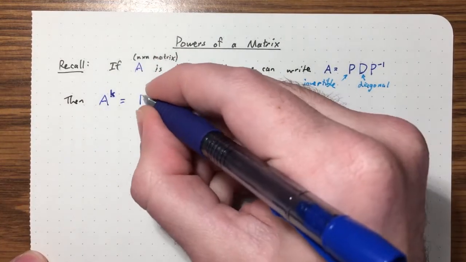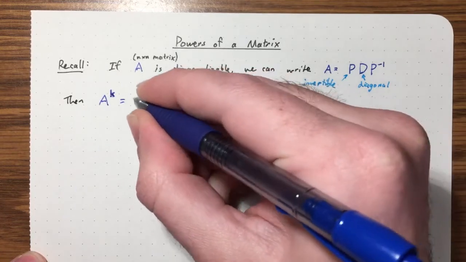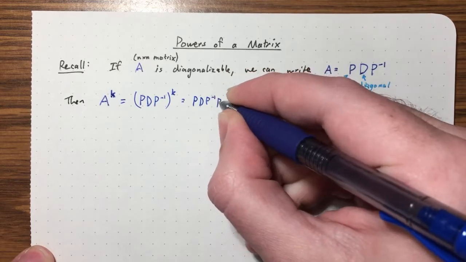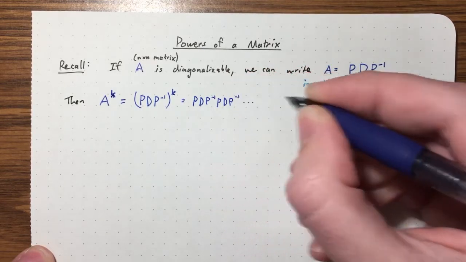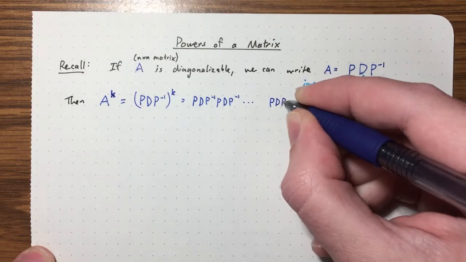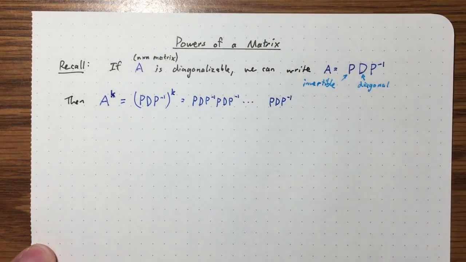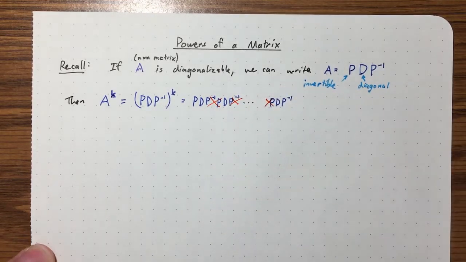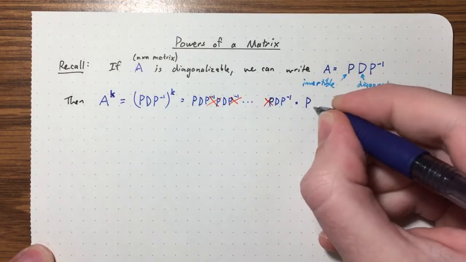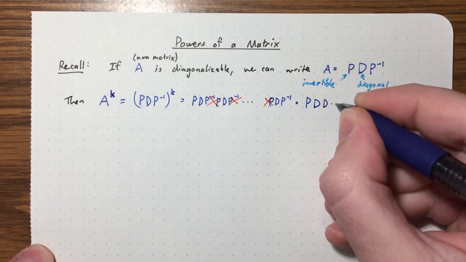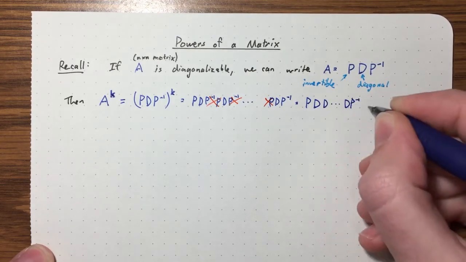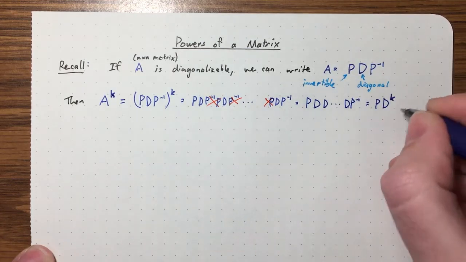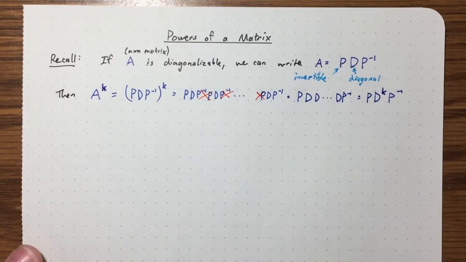If we can write A this way, then this is just (P D P inverse) to the k, which is P D P inverse times P D P inverse, etc. What we noticed last time is all of the P inverse times P's cancel, and we're just left with P times D times D times D, k times. So it's P times D to the k times P inverse.